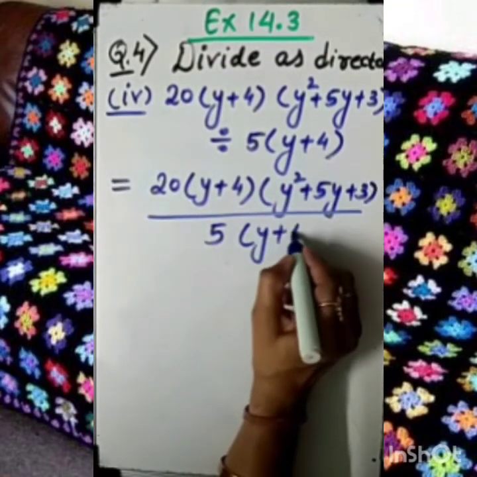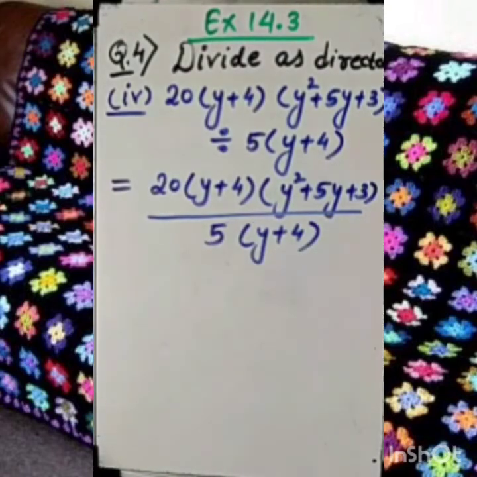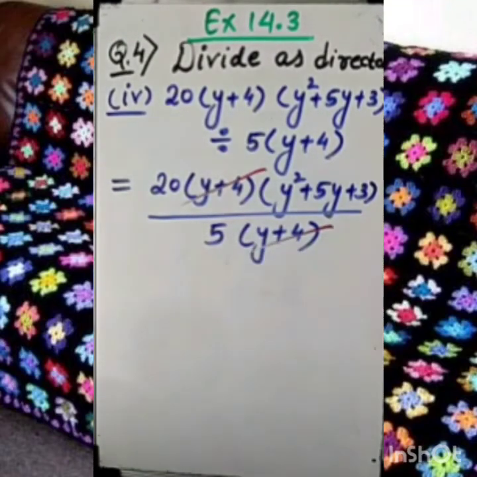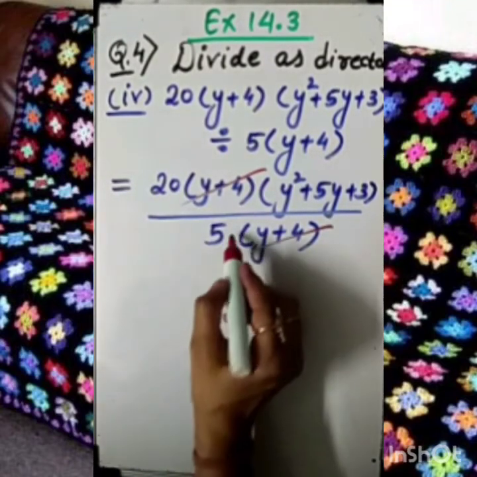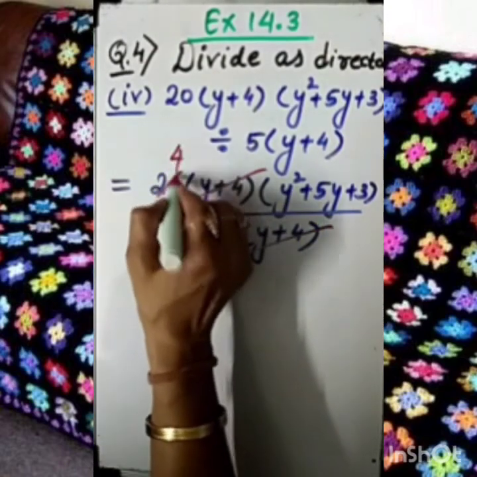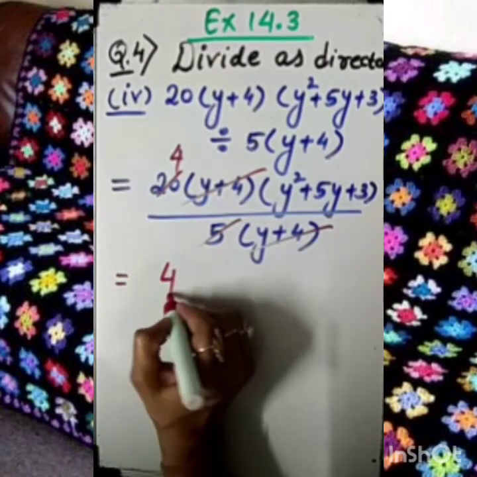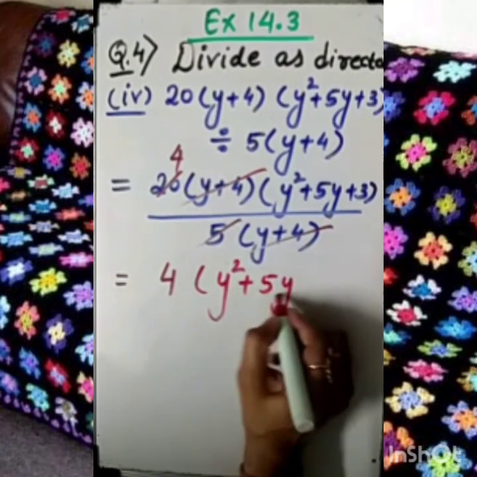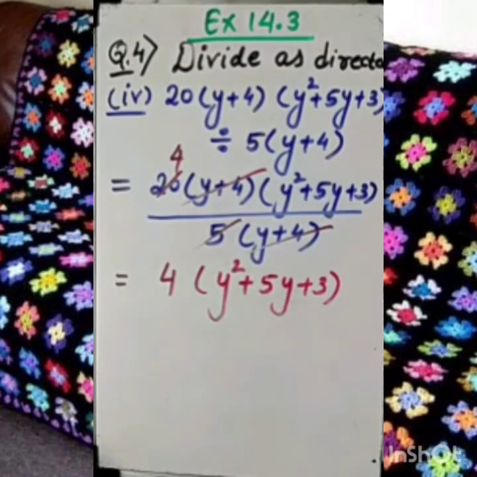Which bracket is similar in numerator and denominator? Visible: y plus 4 is cancelled. 20 divided by 5: 5 fours are 20. So what is left? Here 4 is left and y square plus 5y plus 3. This is the solution.